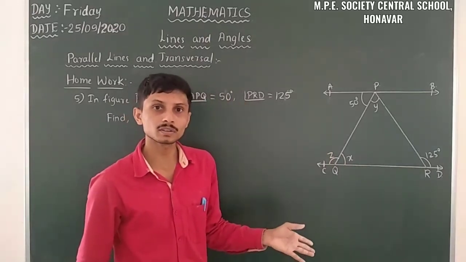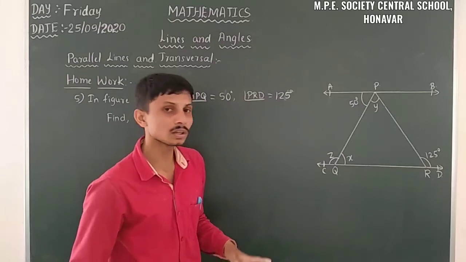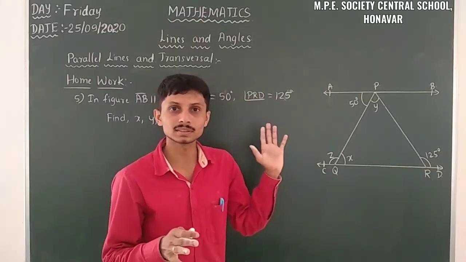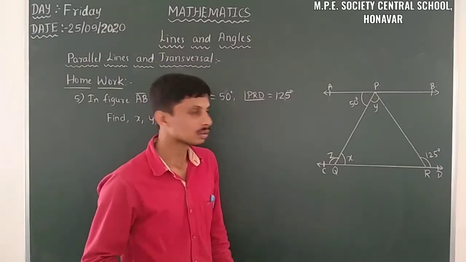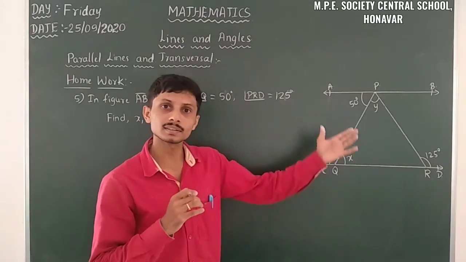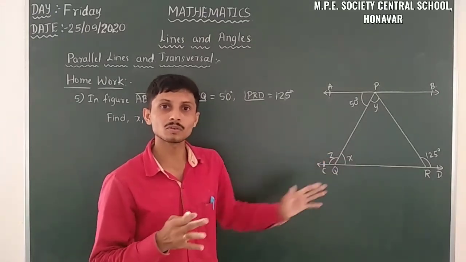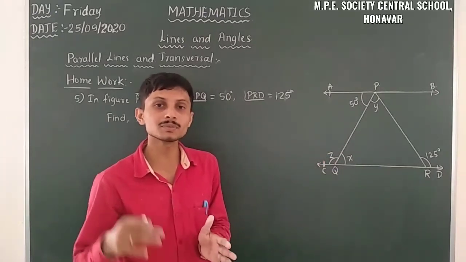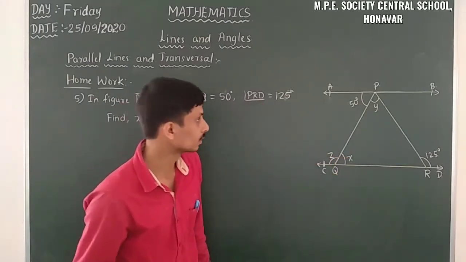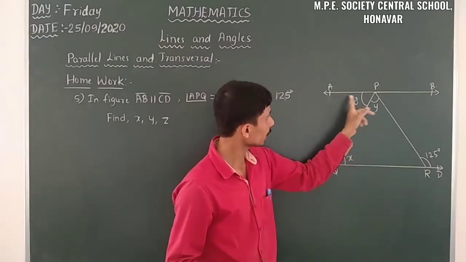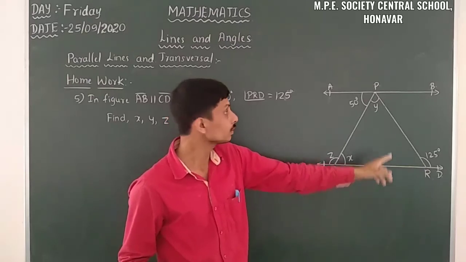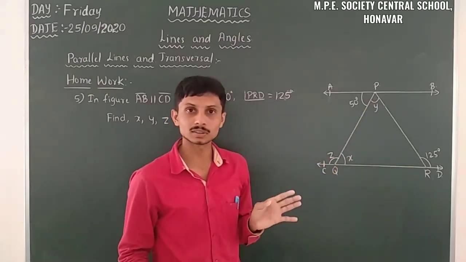So how can we find those things? Just observe, we have to use all the axioms and theorems in this problem. According to their relations in this diagram, we have to use the relevant axioms and theorems to find the value of x, y and z. So here AB and CD are parallel and PQ is a transversal.